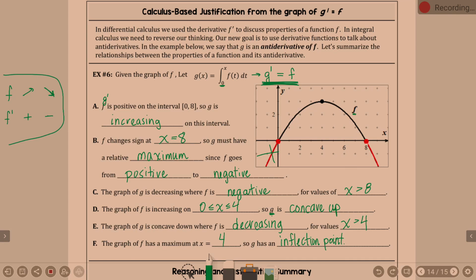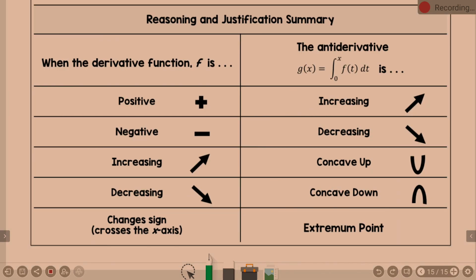On the bottom, there's another one of these charts. When the derivative f is blank, the antiderivative is such. Noticing that g is the antiderivative here, when your derivative function f is positive, the antiderivative, g, is going to be increasing.